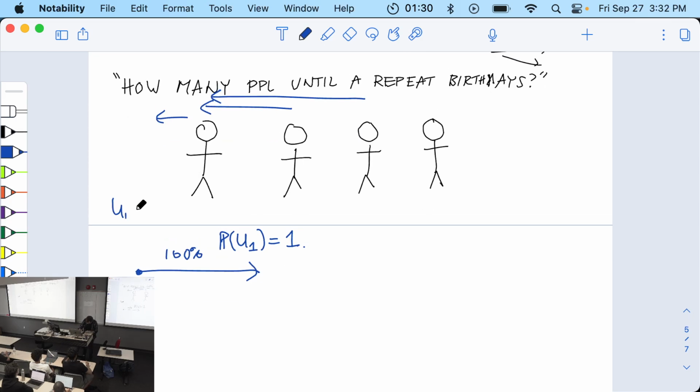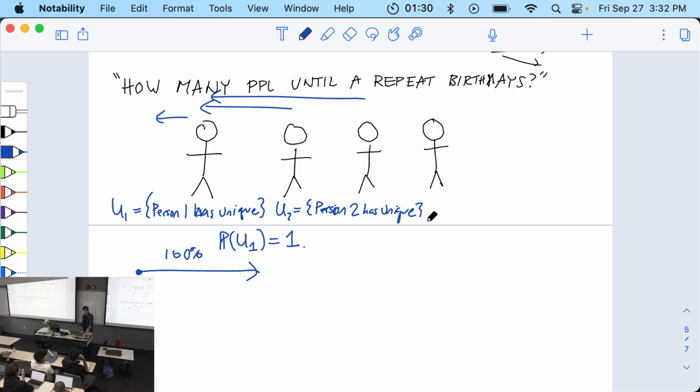So U1 equals person 1 has a unique birthday. I mean their birthdays, of course; everybody is unique. I'll say "has unique," and you need to know what I'm talking about. It's like "all your base are belong to us." All your birthday is unique. Person 2 has unique, etc.